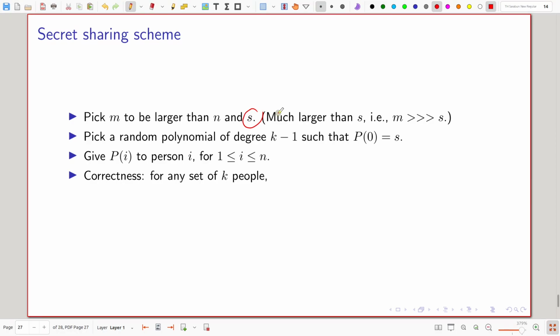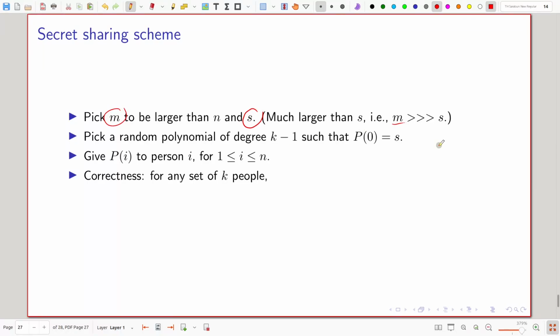So the x coordinate has to be larger than n, because you need n values of x. And you don't want to give 0 as well, because 0 is the secret. So the modulus M has to be larger than S and n, okay?